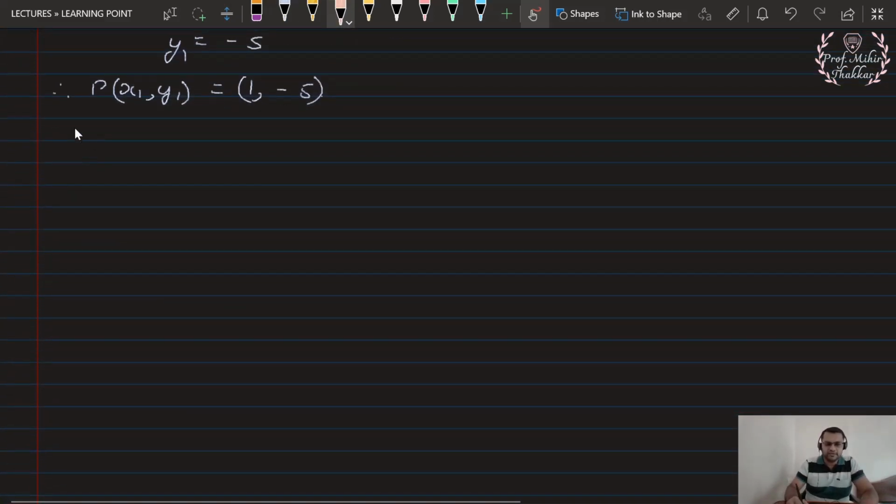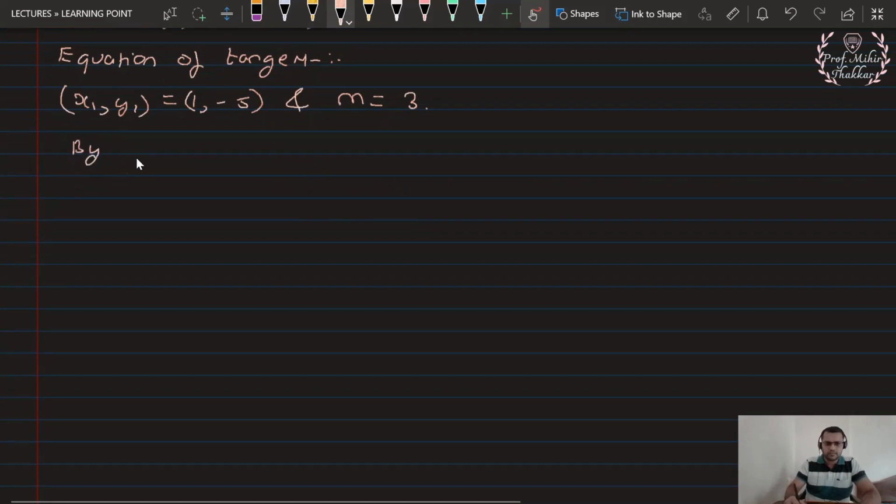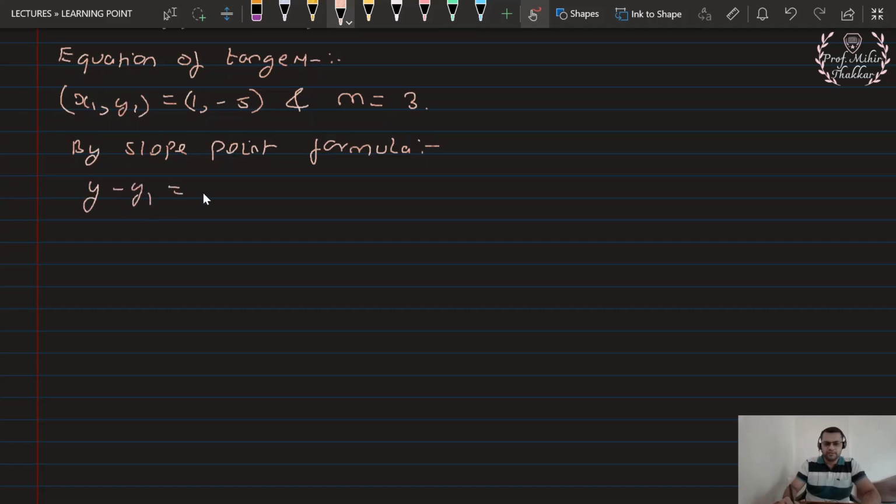So first let us find the equation of tangent. (x1, y1) is (1, minus 5), and the slope of the tangent is equal to 3. So by slope point formula, y minus y1 is equal to m into x minus x1.